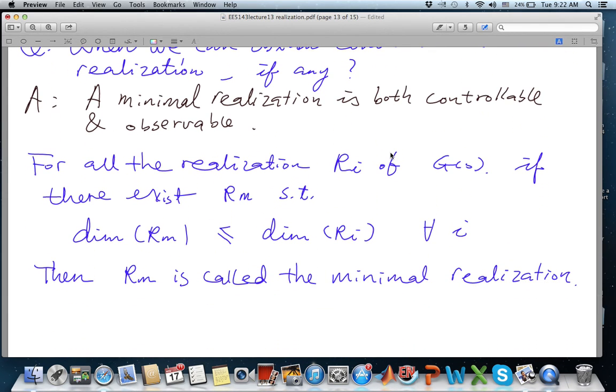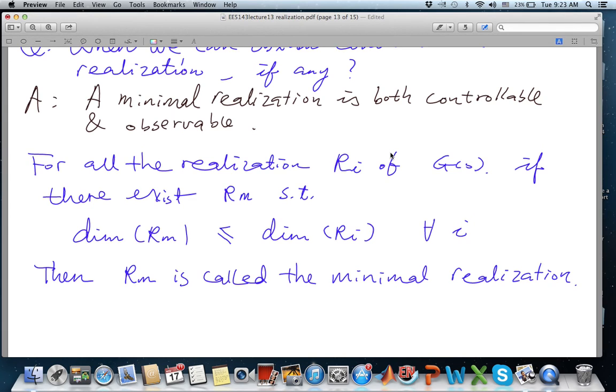Because we showed that for one transfer function, you may have many different realizations, the definition is: if there exists Rm among all the realizations Ri of G(s) which guarantees that the dimension of Rm is less than or equal to the dimensions of all the other realizations, then this Rm is called the minimum realization.